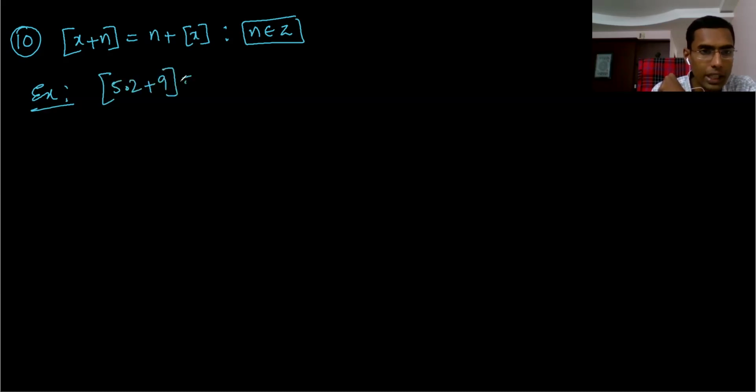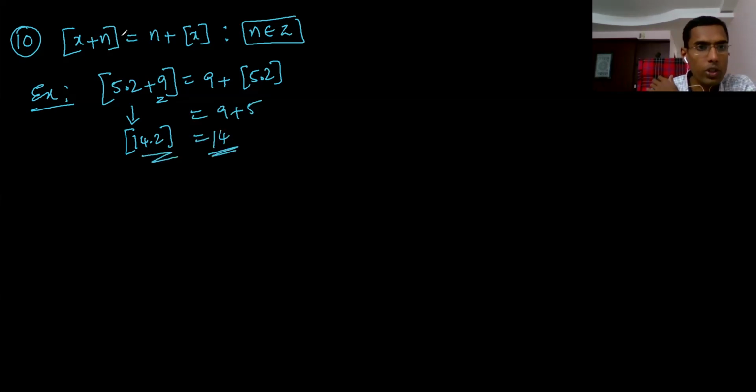This 9 you can simply keep aside, 9 will not make any difference. So you can write 9 plus 5.2; this one you get as 14.2, and this one also you get 14.2. This one also 9 plus 5, also 14. Both are 14. That means when an integer is involved, you can simply keep the integer aside.